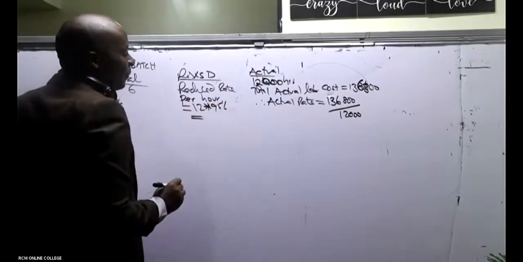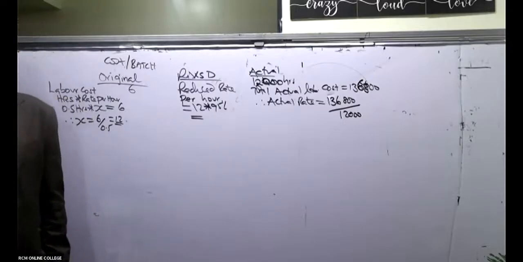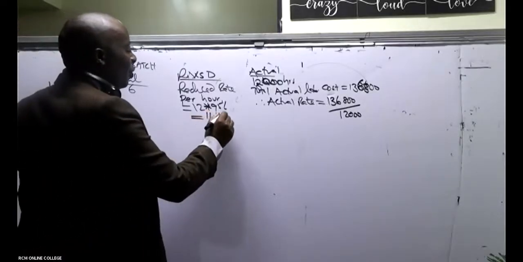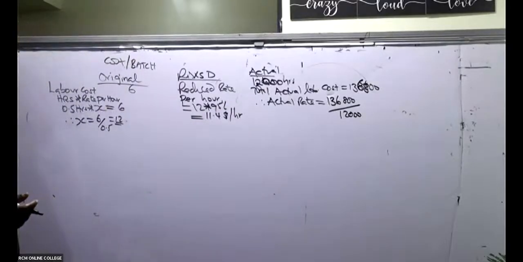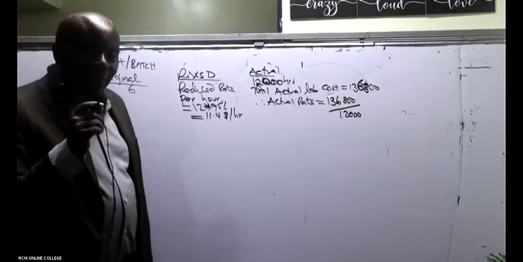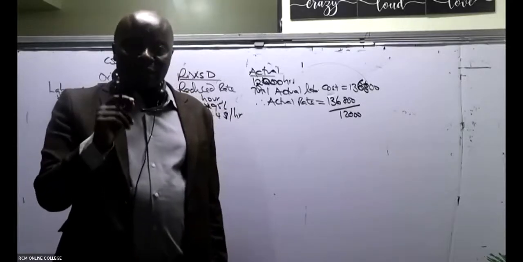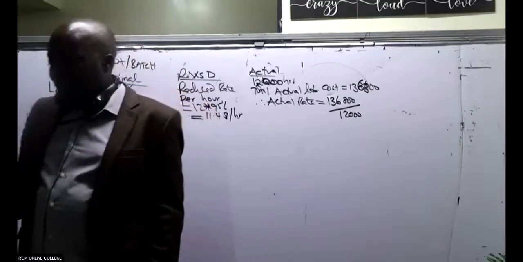Are you able to give me this figure? That gives me 11.4, so $11.4 per hour. These are ACCA questions, so dollars per hour. These workers in between accepted a reduction, so we must revise our standard to reflect what is happening on the ground.